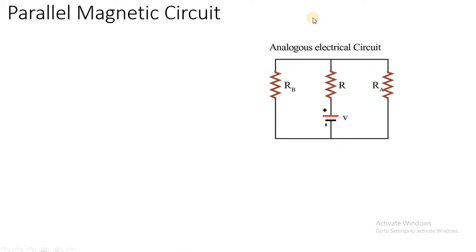So this connected EMF in the circuit will supply the current I, and this current I will flow through the middle branch resistance R and come to the junction point A. After this junction point A, assume that the resistance RA and the resistance RB are of equal value.